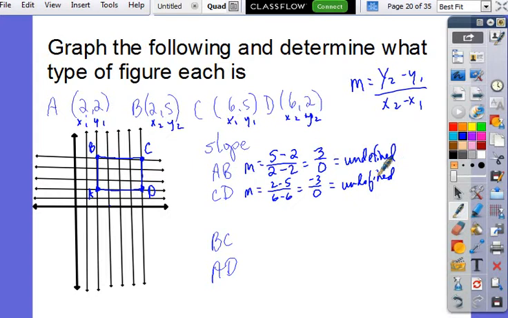Except now, BC. I'm going to say there's my X1, Y1, X2, Y2. And then AD, I can leave that.